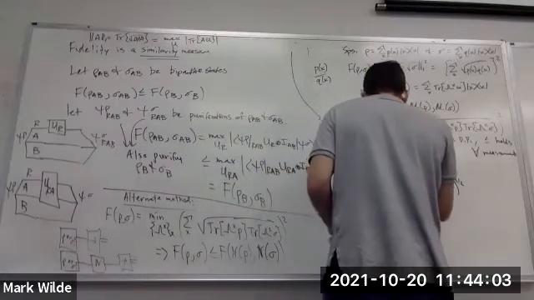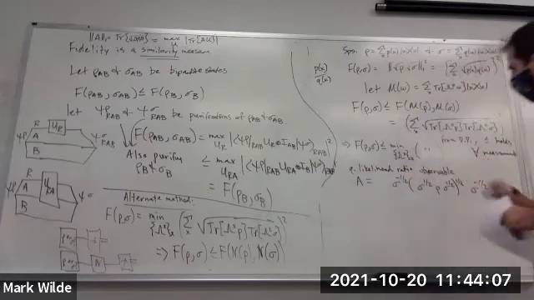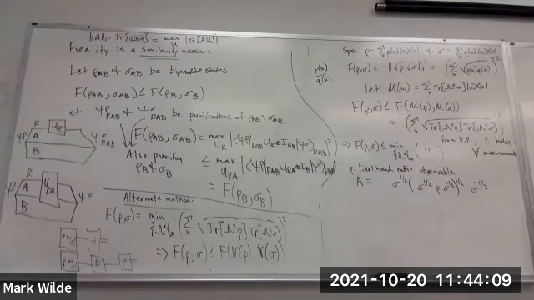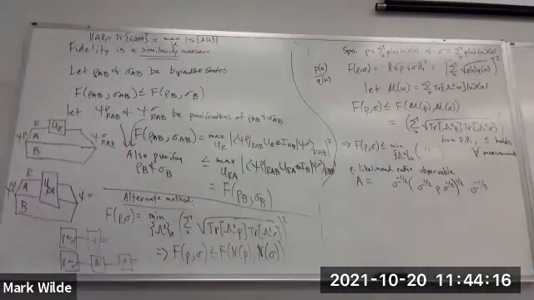Sandwiched by sigma to the -1/2. Okay. So it's Hermitian, right? It's a positive semi-definite operator sandwiched by positive semi-definite square root sandwiched by positive semi-definite. And so it's positive semi-definite, right?